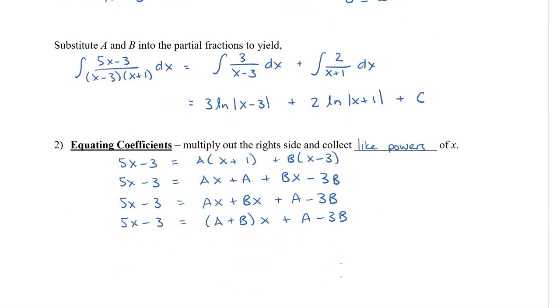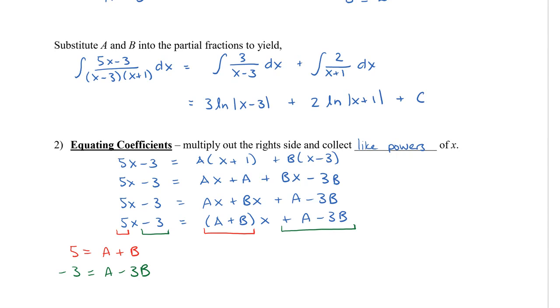All right, so equating coefficients means that A plus B, which is in front of x, should be equal to 5. And I also have that negative 3 is a constant, which should be equal to the constants here, which contain no x. So we have negative 3 equals A minus 3B.